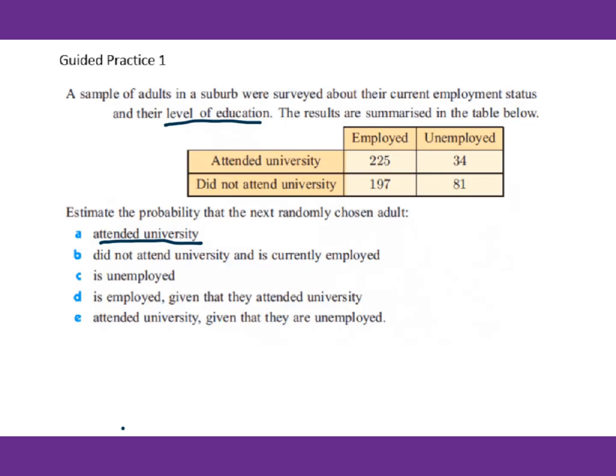When you deal with probability and a table, first of all, you need to find the total number. So we always draw one more row and one more column.